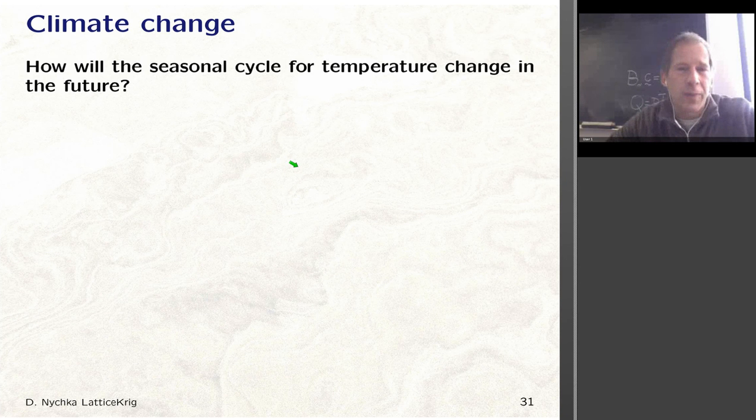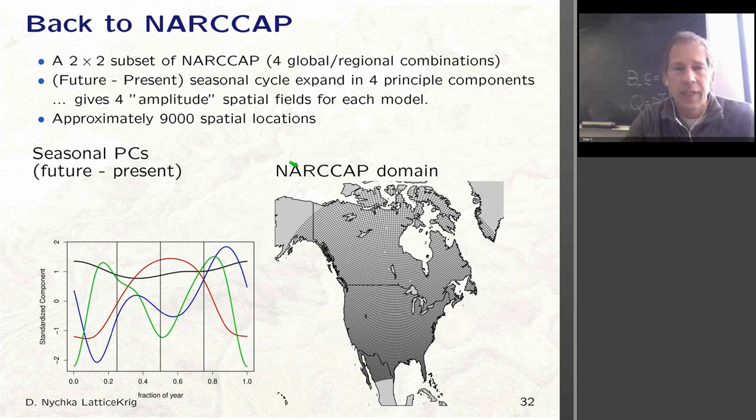Okay, so we're at the bottom bread of our sandwich. How will the seasonal cycle for temperature change in the I have a present and future, and for each of those present and futures, I've gone to each grid box, estimated the seasonal cycle, estimated the difference in the seasonal cycle between future and present, and here are the principal components of those differences.